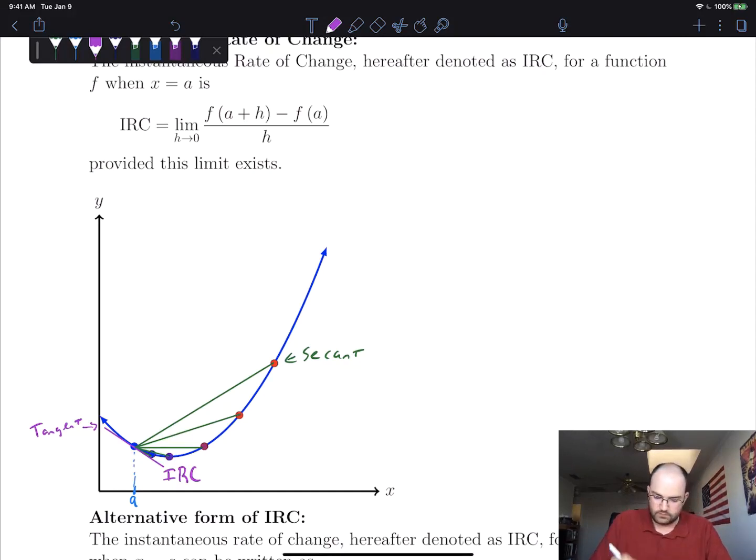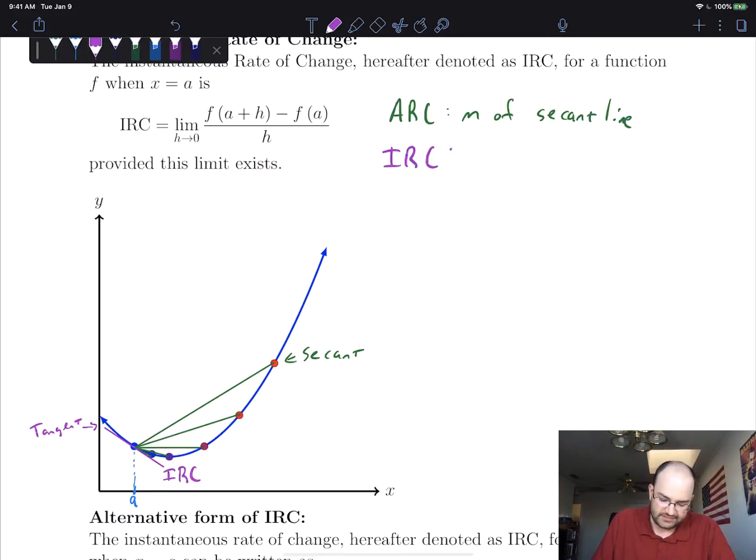So here's what we have. Let's start with the ARC. The average rate of change is the slope of the secant line. The IRC is the slope of the tangent line.